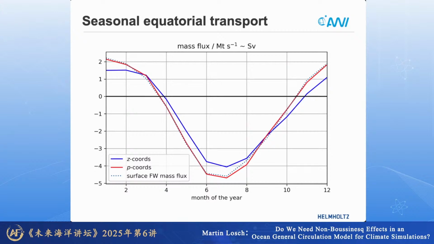My main point for non-Boussinesq models, and this is what I said at the very end, is they are not more expensive if you do it with pressure coordinates. What I've shown was done with the MITgcm. You could use the MITgcm, or you could use MOM5. I don't know, MOM6 for some reason doesn't have this, I think. I checked yesterday. But you could use models like this, and they have all this technology available.